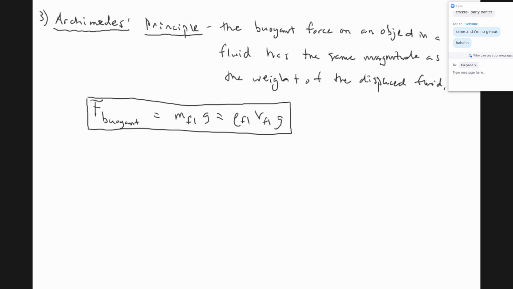And realistically, what is it saying? So let's imagine we have an object that's in solution. Let's say this is the way I've drawn it. This looks like it's 50% submerged. There's a lot of questions on this. Yes.